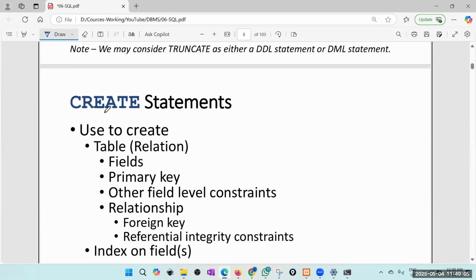Right. So let's start with create. So we use capitals just to highlight it. You can write it in lowercase, capital, or mixed, there's no issue, because SQL statements are not case sensitive, unlike Java and so on. Java is case sensitive, Python is case sensitive, but not SQL. But most software developers prefer to write SQL in capitals just to highlight it, because we don't write much SQL.